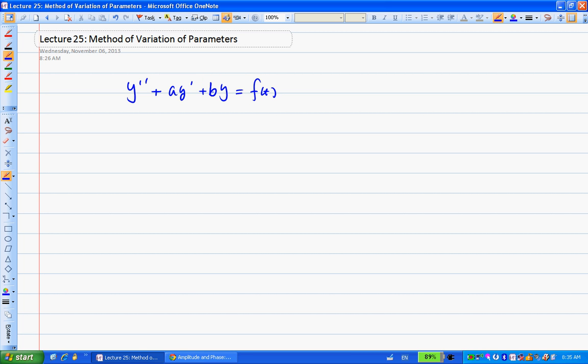Now, if you remember, when we were using the undetermined coefficient method, this method applies to the case when the coefficients here are constant.